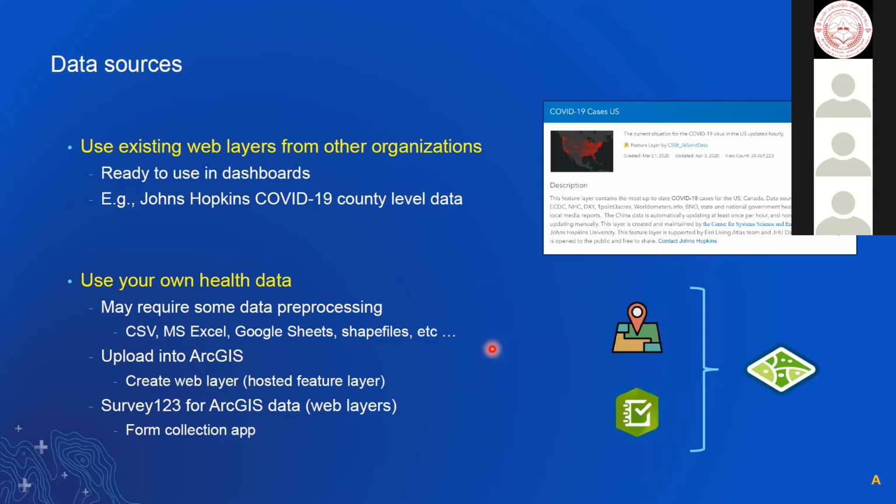The other one is we can use software like ArcMap or ArcGIS Pro to publish data. We can create data from there and publish. Then after publishing, it can be used as a web layer, and it will be easy to use in the dashboard environment.